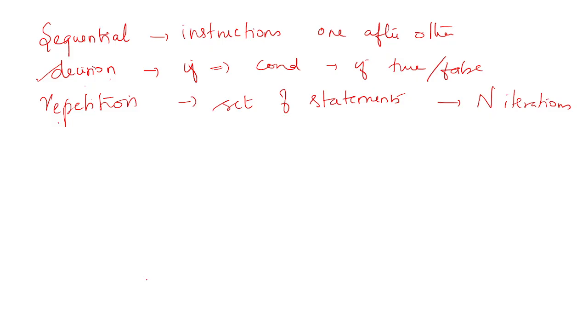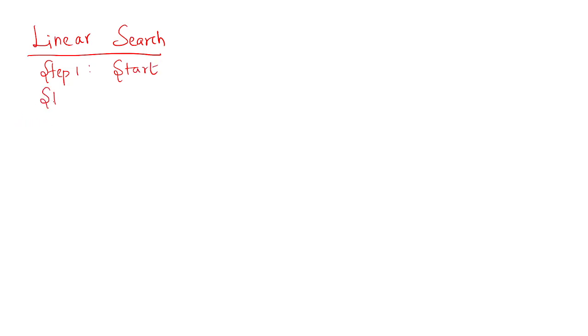Okay, so we will start writing the algorithm. This algorithm is for performing linear search. Always we have to put step numbers. The first default step is always start. The second step is to get the elements in the list.